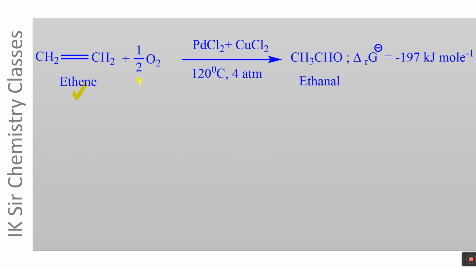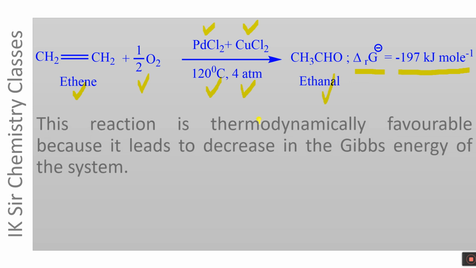Ethylene reacts with O2 that comes from air forming acetaldehyde. This reaction is carried out in the presence of PdCl2 and CuCl2 catalysts at 120 degree centigrade and 4 atm pressure. This reaction involves the change in Gibbs free energy equal to minus 197 kilojoule per mole.